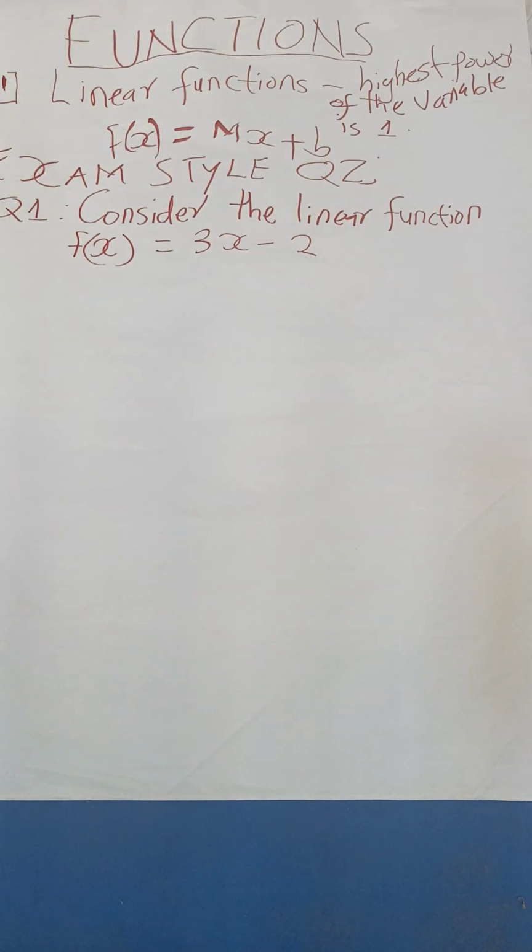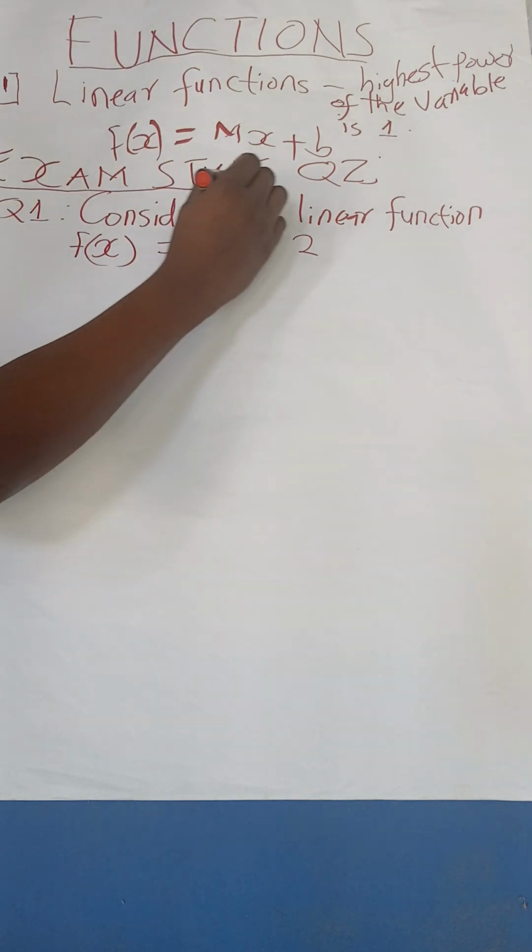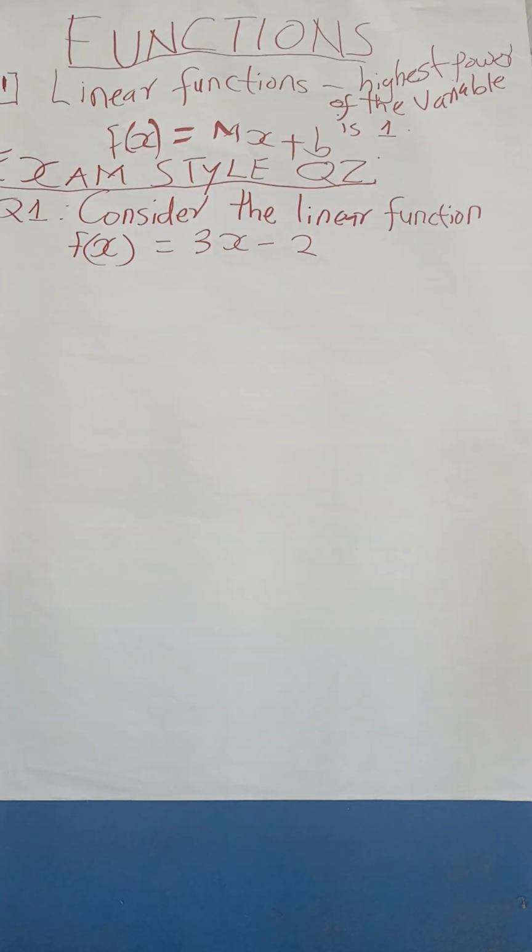Then we have been told, first, part A, determine the slope and the y-intercept of the function. That is the first part we have to solve.